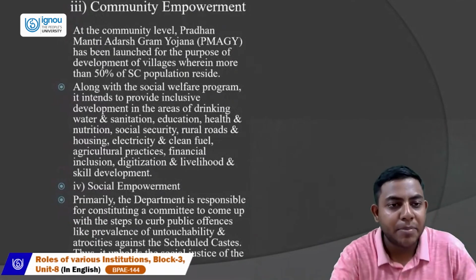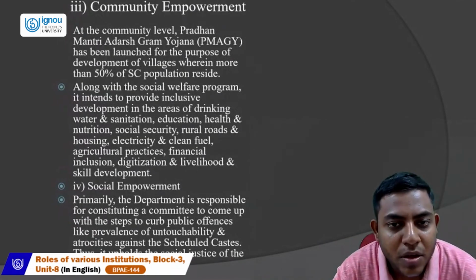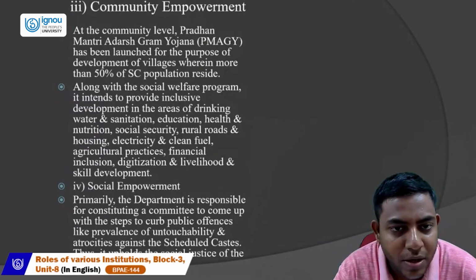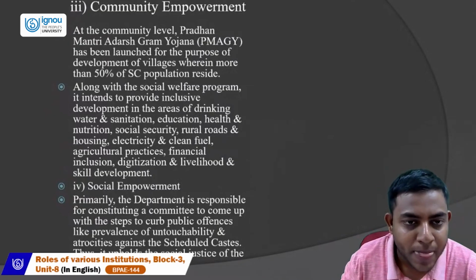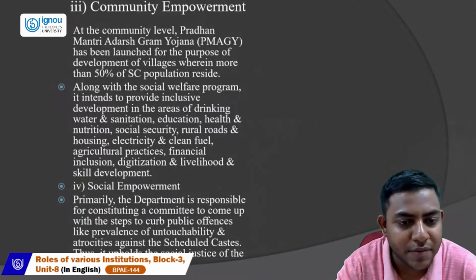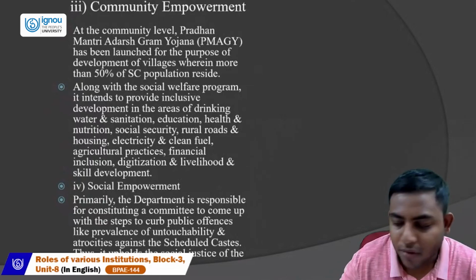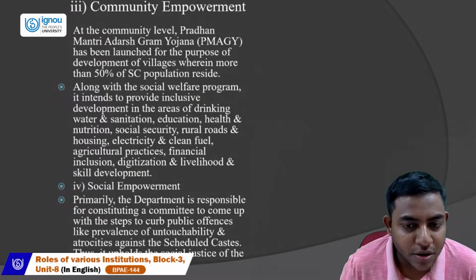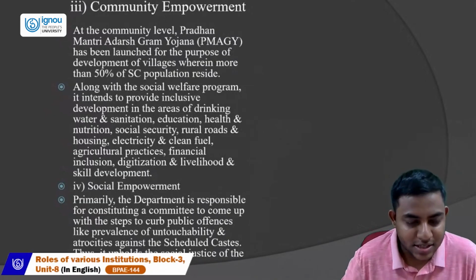At the community level, the Pradhan Mantri Adarsh Gram Yojana, or the PMAGY, has been launched for the development of villages wherein more than 50% of the SC population reside. Along with the social welfare program, it intends to provide inclusive development in the areas of drinking water and sanitation, education, health and nutrition, social security, rural roads and housing, electricity and clean fuel, agricultural practices, financial inclusion, digitization, and livelihood and skill development.